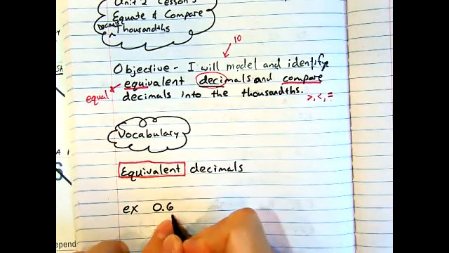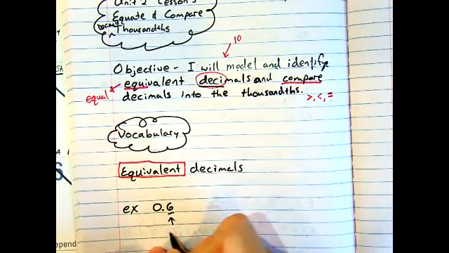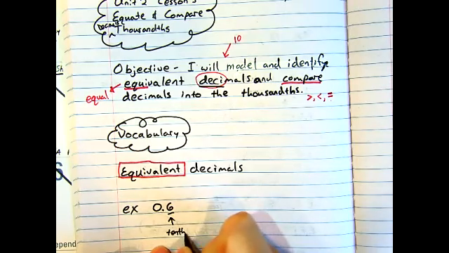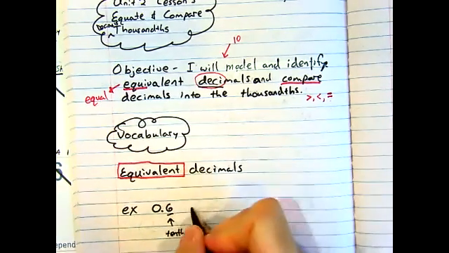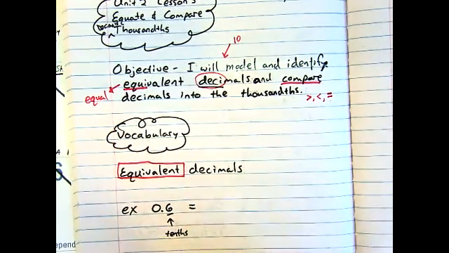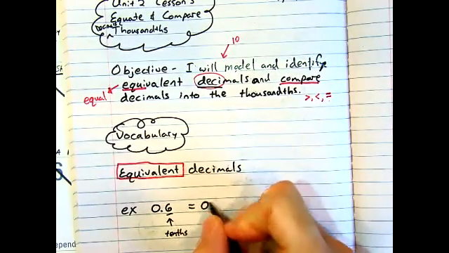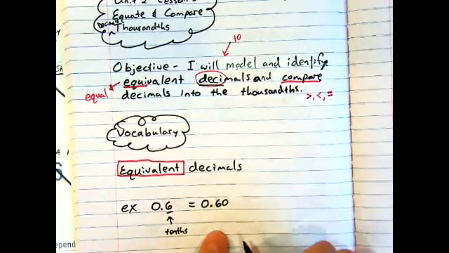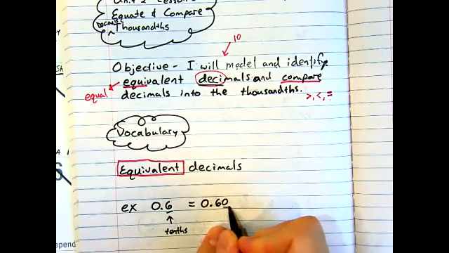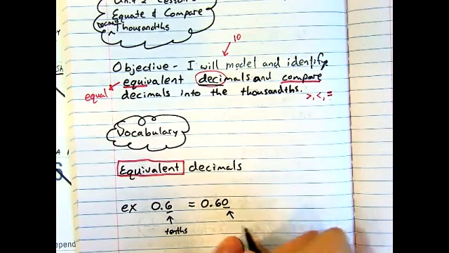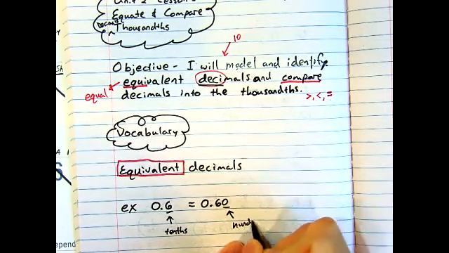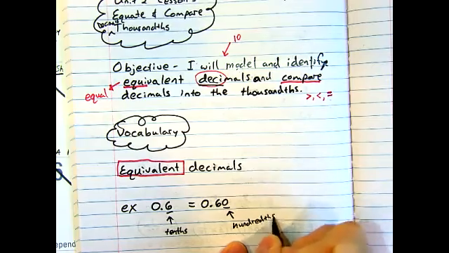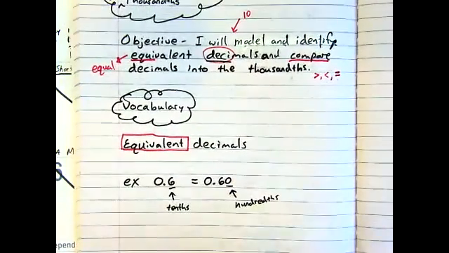So the place value is tenths, 6/10. And we're going to say it's equal to 0 and 60. What place is the 0 in? This is in the hundredths. And I'm going to show you why they're equal.